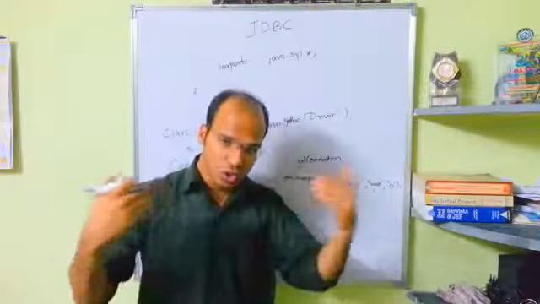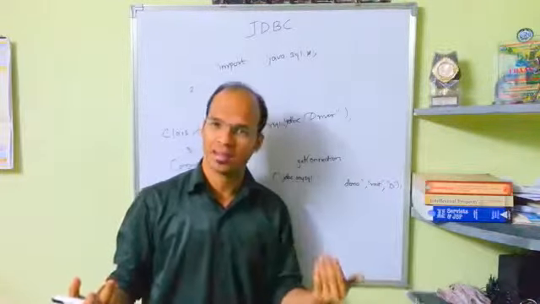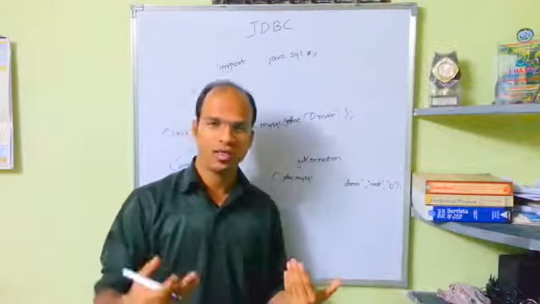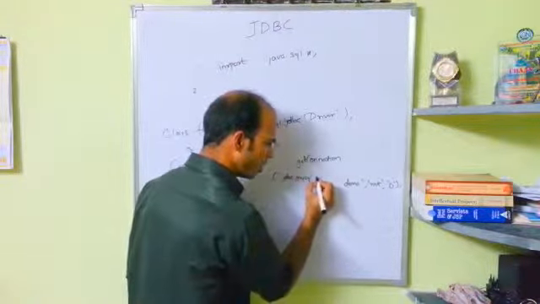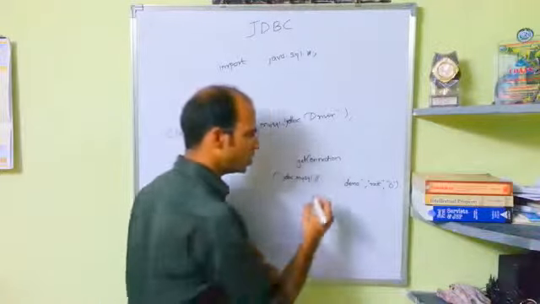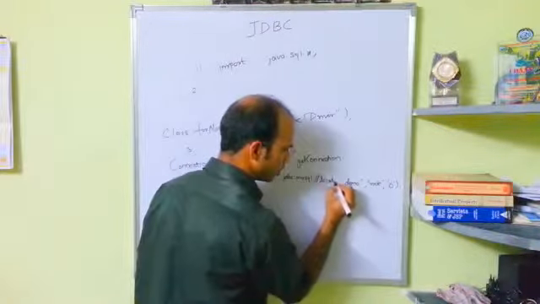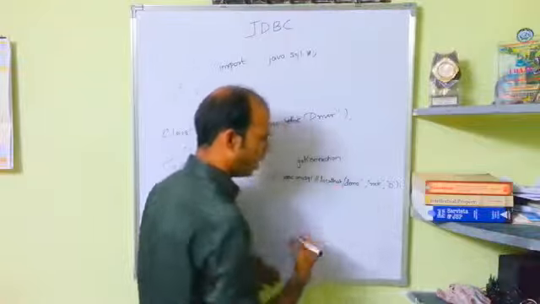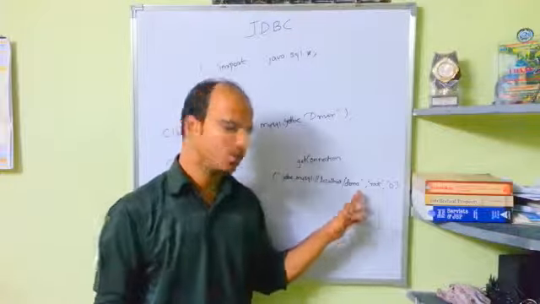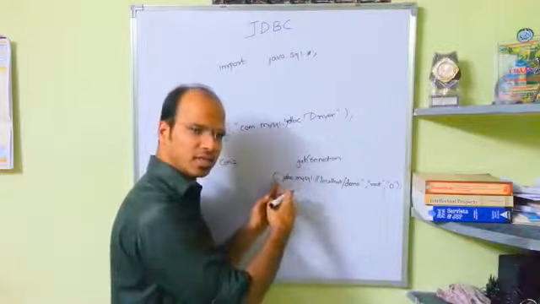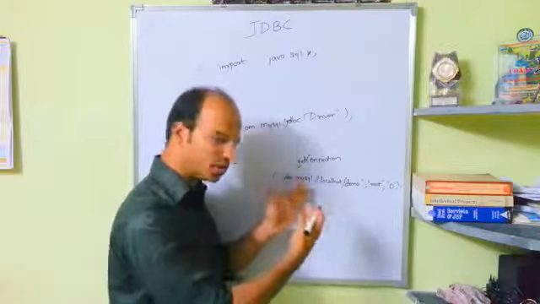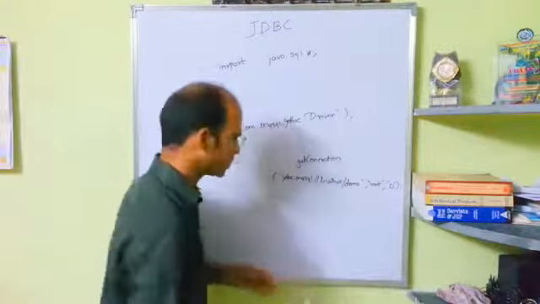That means these 2 machines need to be connected on a LAN connection. So if you talk about LAN, you have to provide an IP address. For the time being, my database is on the same machine, so I can use localhost. And in localhost, I have a database called demo. This is called your connection string. You can say JDBC connected to MySQL connected to the database with the help of localhost.